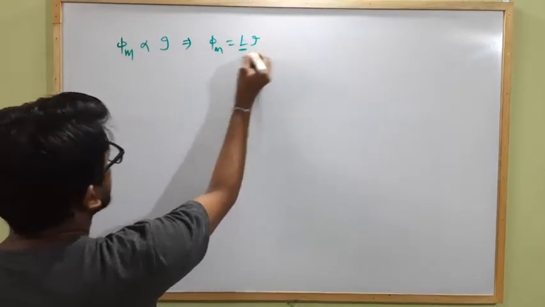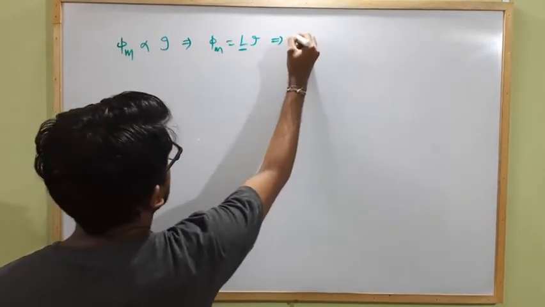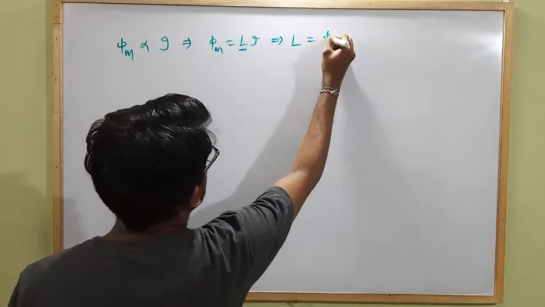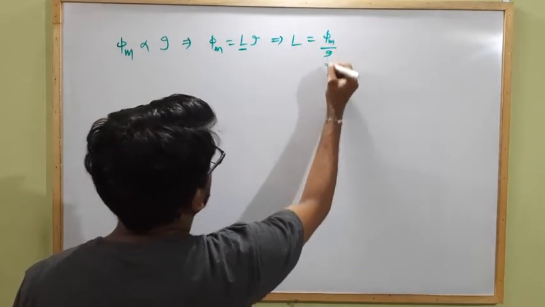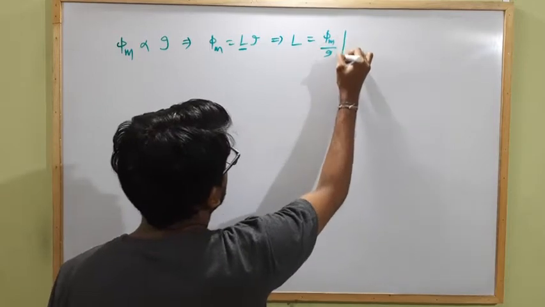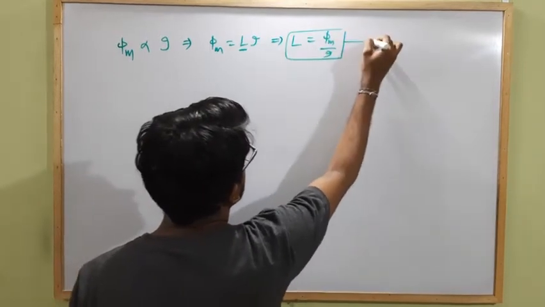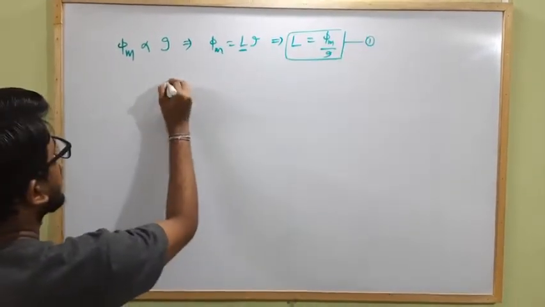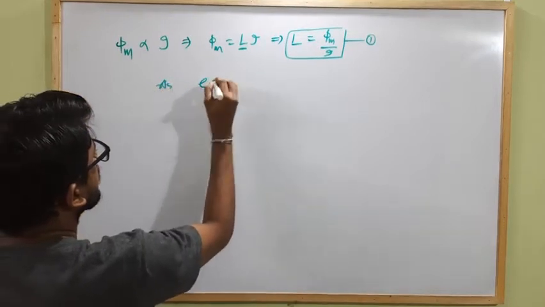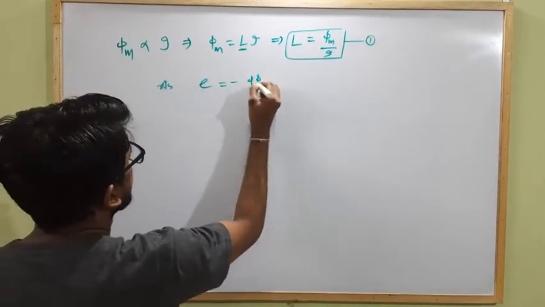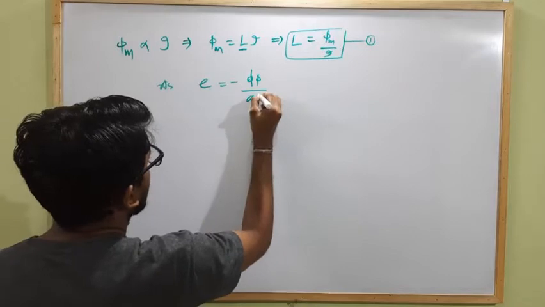Here L is known as the coefficient of self-inductance, and this can be defined as L equal to the magnetic flux linked within the inductor per unit flow of current. Or we can write the induced EMF E equal to minus d phi by dt.